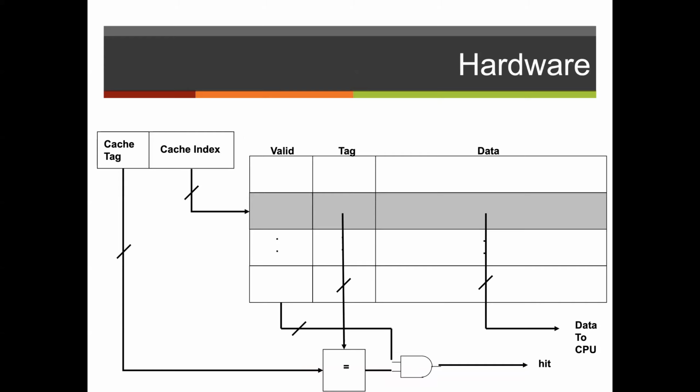So from a hardware perspective, let's consider that we have our block of data, and we have 1K entries. What are going to be the sizes needed for our cache index as well as our cache tag?